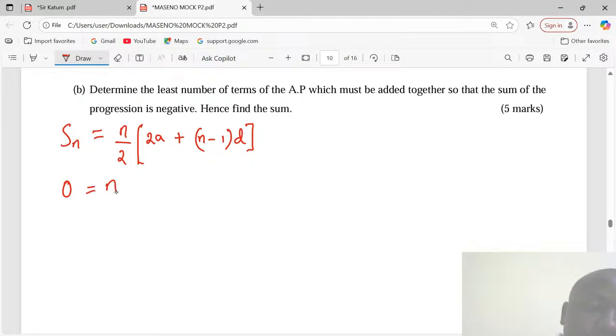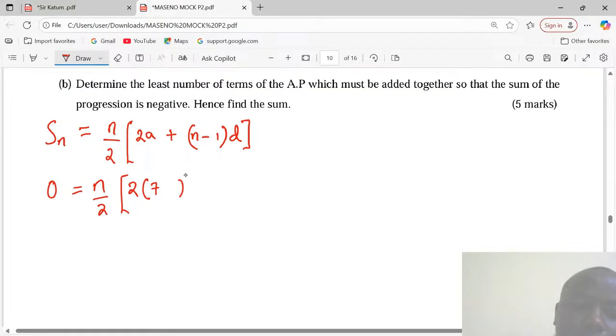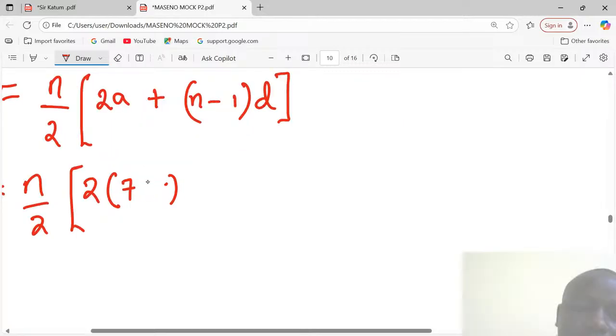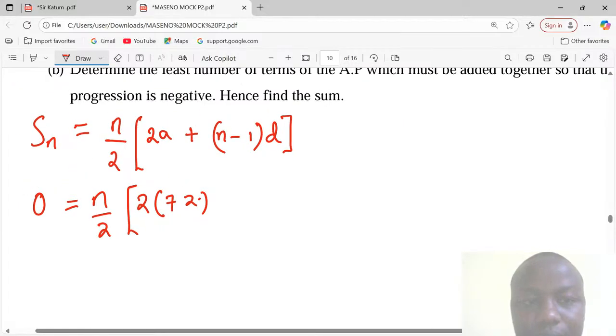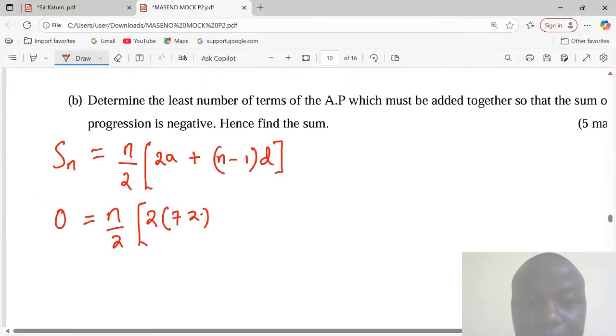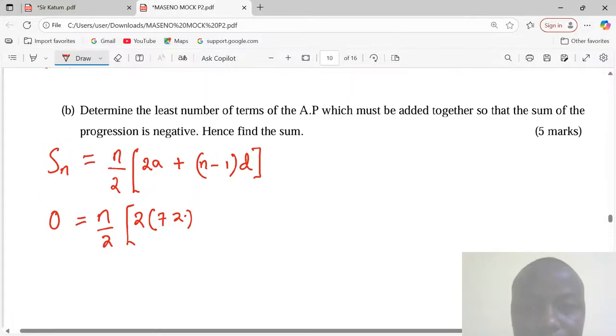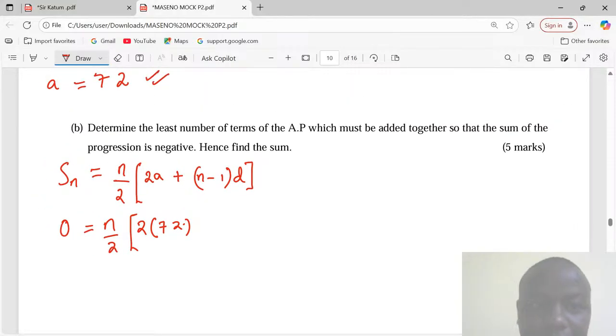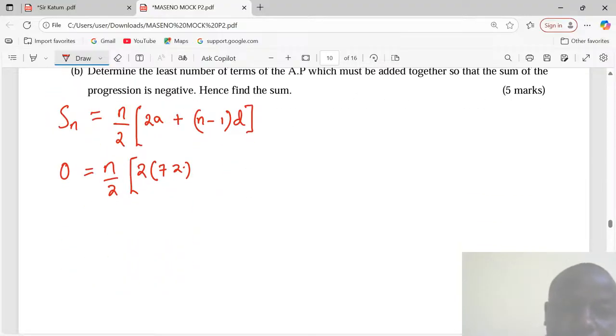We don't know the number of terms which will give us 0. 2 should be multiplied by the first term, 2 times a, that's 72, then plus the unknown n minus 1 multiplied by the common difference of negative 3.